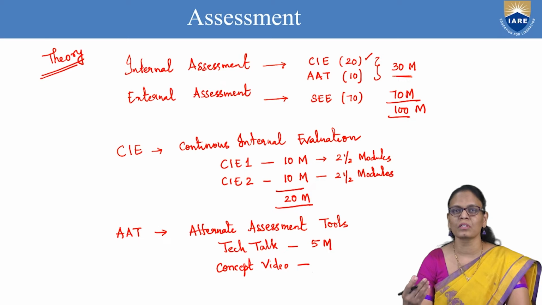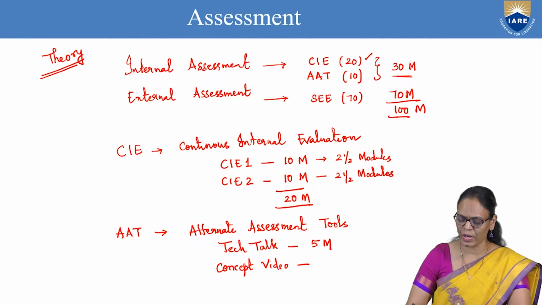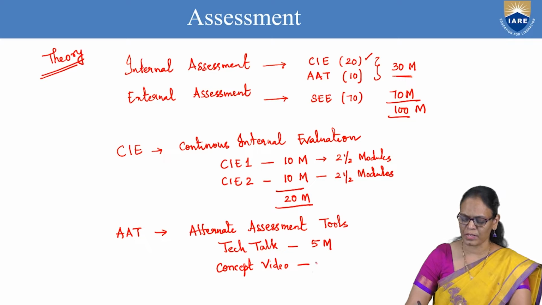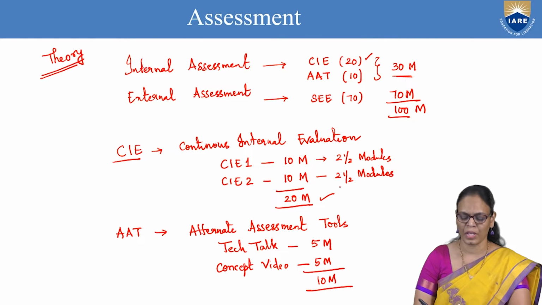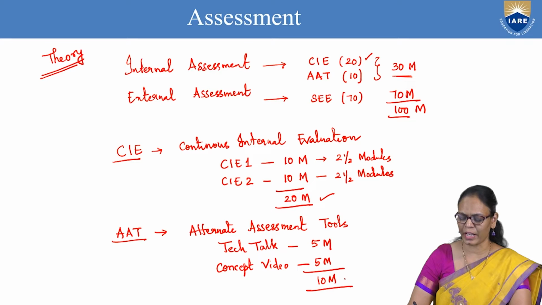They'll have to study or learn more about the topics in the syllabus at an advanced level, and make a video of at least 10 minutes. 10 to 20 minutes could be the duration of the video, and it will be for 5 marks. So the total is 10 marks. From CIE 20 marks and from AAT 10 marks.